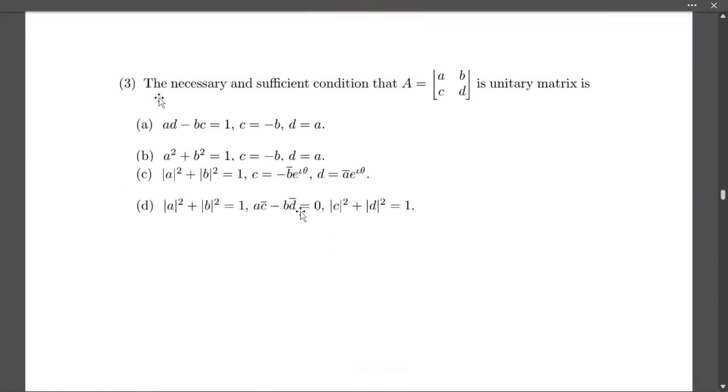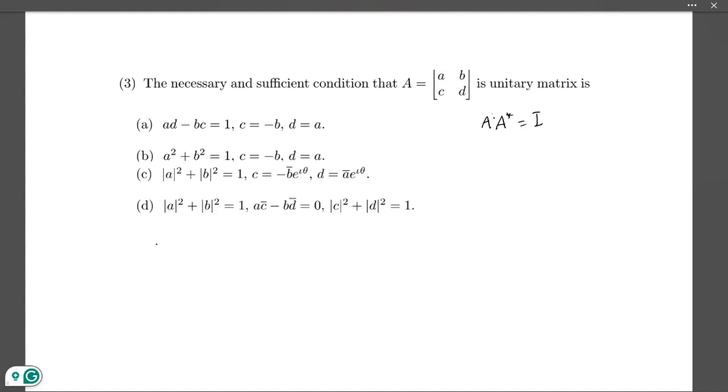Necessary and sufficient condition that the 2 cross 2 matrix A, B, C, D is a unitary matrix. For being a unitary matrix, you should check that A A star is equal to identity, or A star A should be identity.